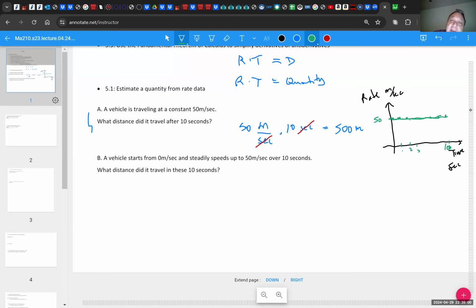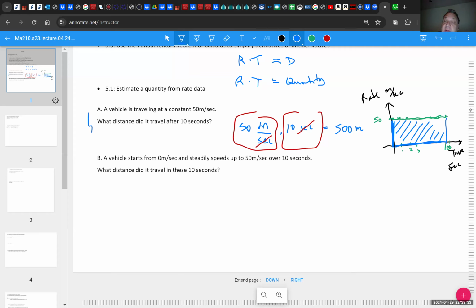So we're multiplying this 50 meters per second times this 10 seconds. If you remember your geometry, the 50 here times the 10 here gives us the area of this box. Mathematicians will call this the area under the rate, under the output variable.